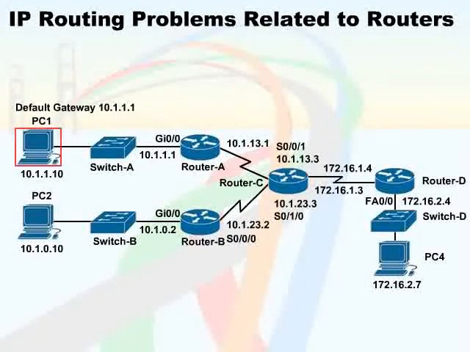In this case, PC1 cannot communicate with PC4, but the hosts can communicate using their default gateways. To isolate the problem, we need to first use the traceroute command. We should use the traceroute 172.16.2.7 command using router A's interface IP address as the source IP address.